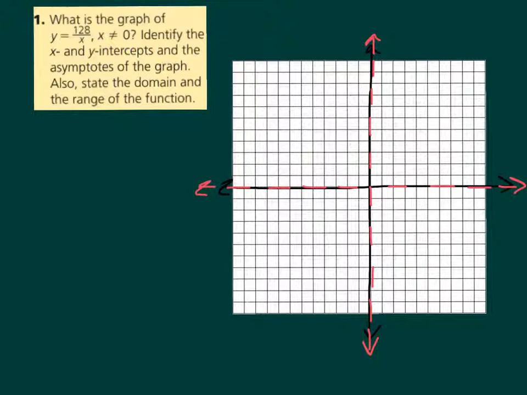And then the graph is going to be in the first quadrant and the third quadrant. So that's where we paused. x can't be 0, so we have our vertical asymptote here. And then from yesterday, we saw the horizontal asymptote will be right there.